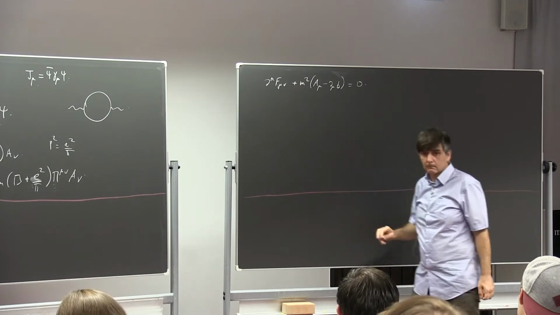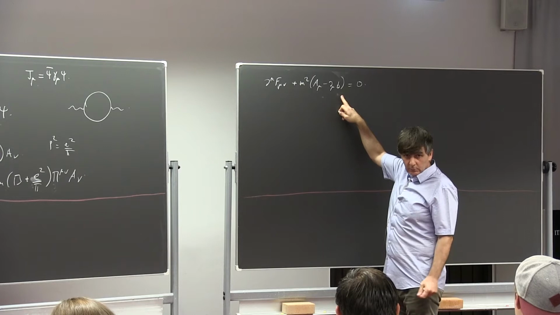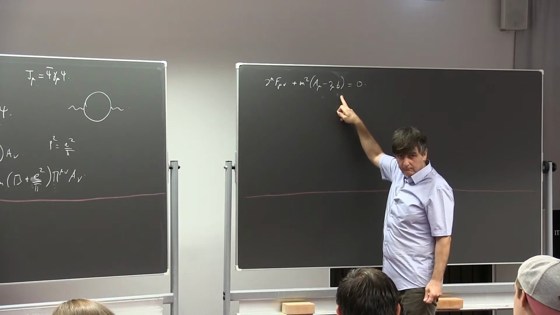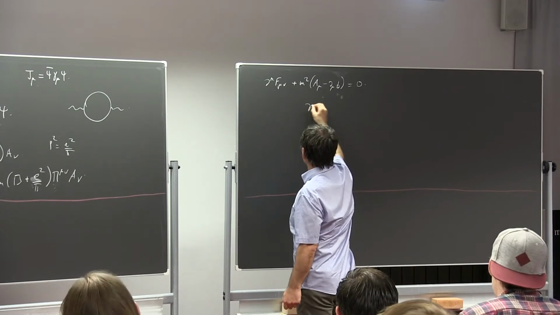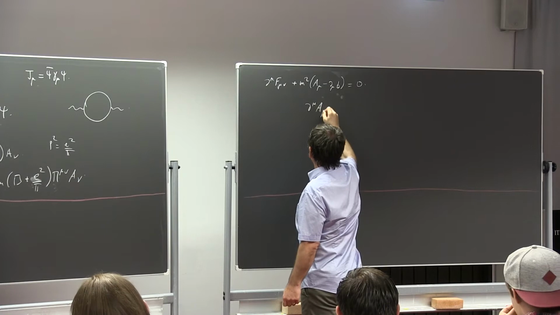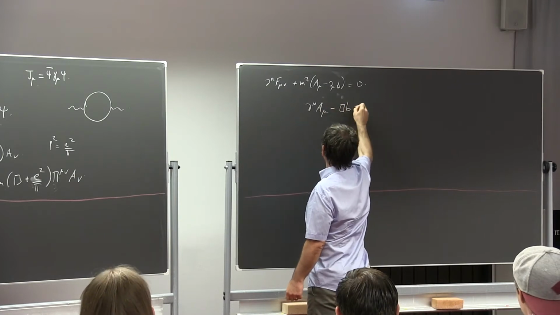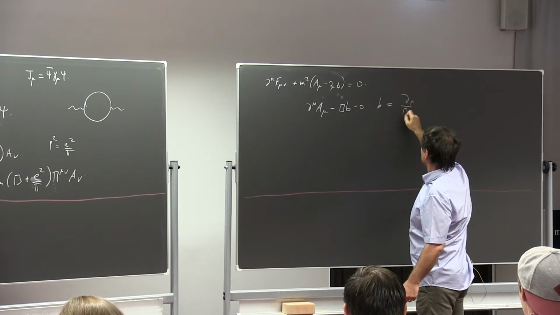Now I want to integrate out B. We can integrate out B through its equation of motion, which is simply d mu of A mu minus box B is 0, and so B is d mu.